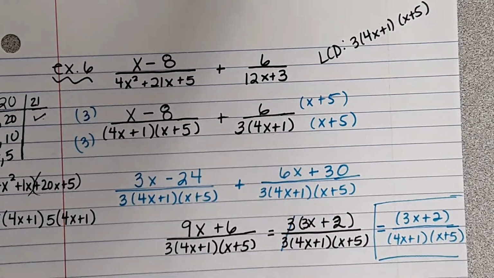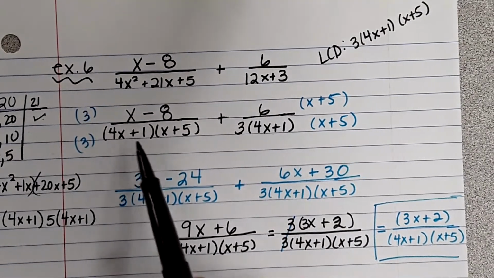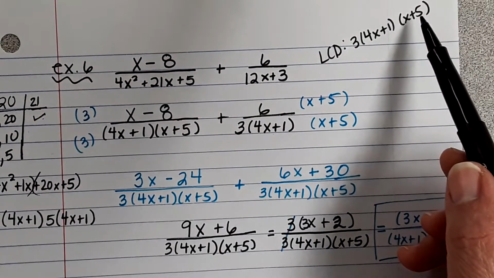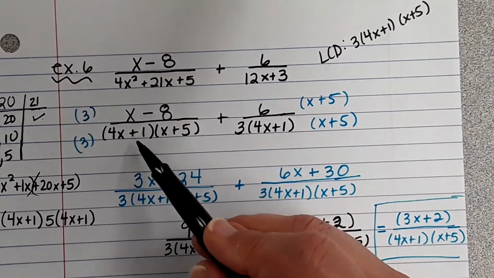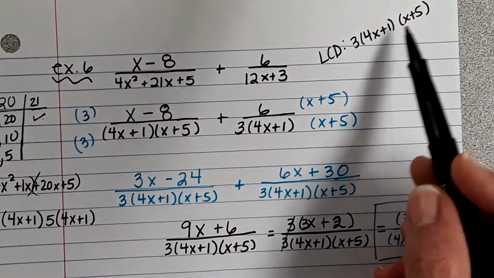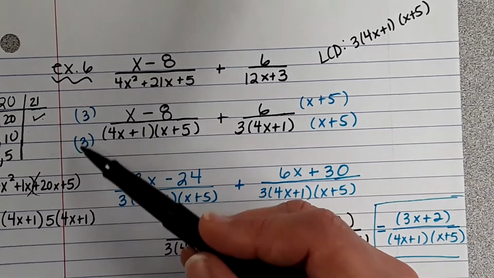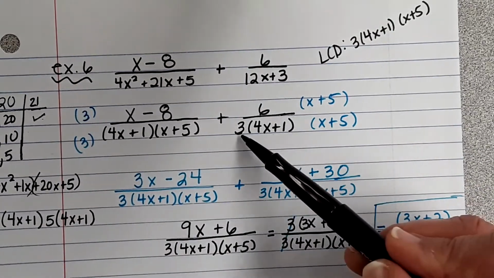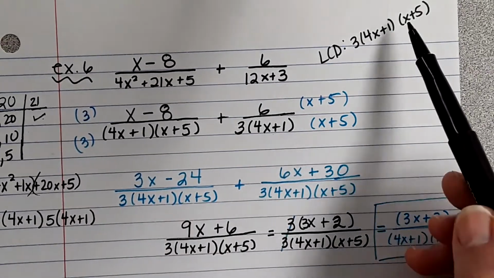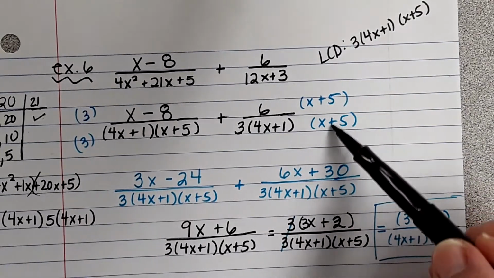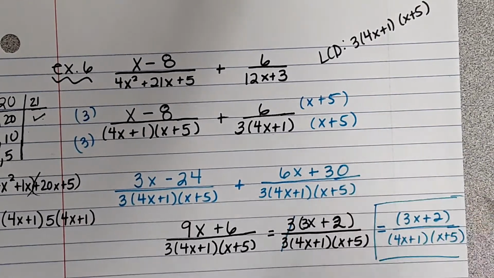You don't have to double anything. So my job is to say, here I have everything of the LCD except the 3. That's how I got the 3. Over here, I have the 3 and the 4x plus 1. I don't have the x plus 5, and that's why I multiplied by the x plus 5. So your job is to find out what's missing.